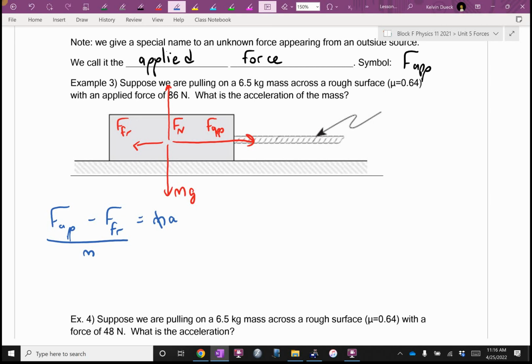Okay, let's see what we can plug in here. I guess A is going to be, we're not going to go numbers yet. F applied minus, what's our equation for friction? It's on your green sheet. It's also on the previous page, or you might have memorized it already. Friction is what times what?